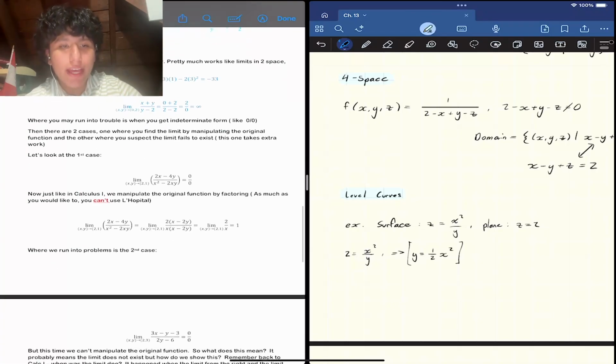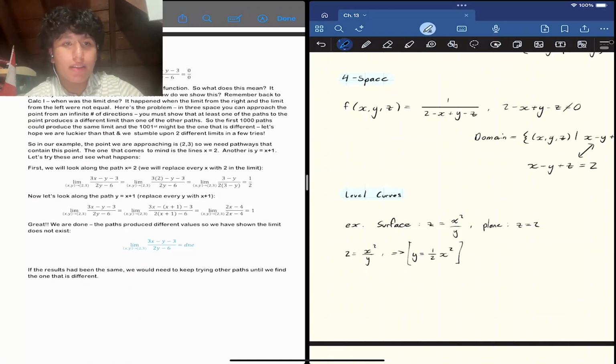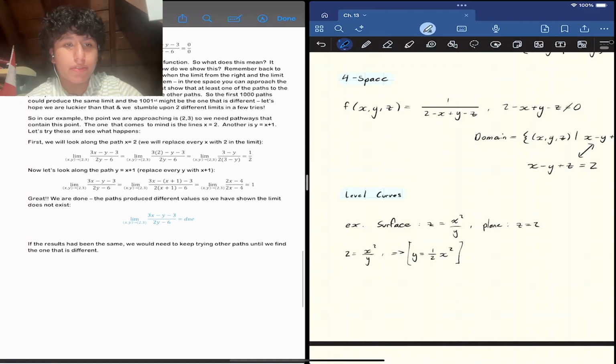If you can't do that, that's where things get a little crazy, because then we have to look at multiple different paths to see if you get a different value. In this case, we approached it using x equals 2. So we just replaced every x with 2 in the limit.